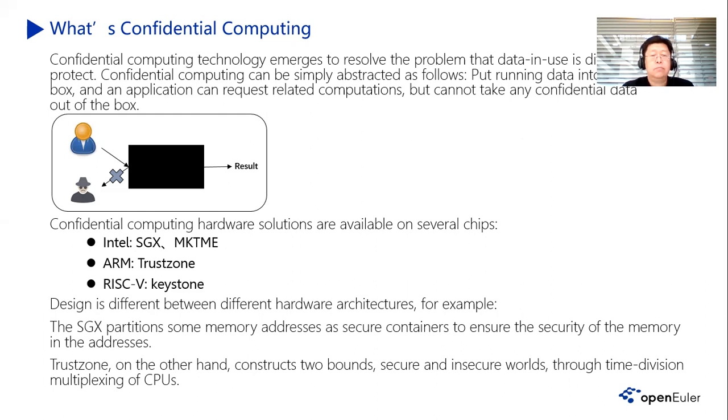And TrustZone constructs two worlds, secure and insecure, through time-division multiplexing of the processor to achieve security. In the secure world, the memory cannot be accessed directly from the insecure world, so that the private data can be protected.